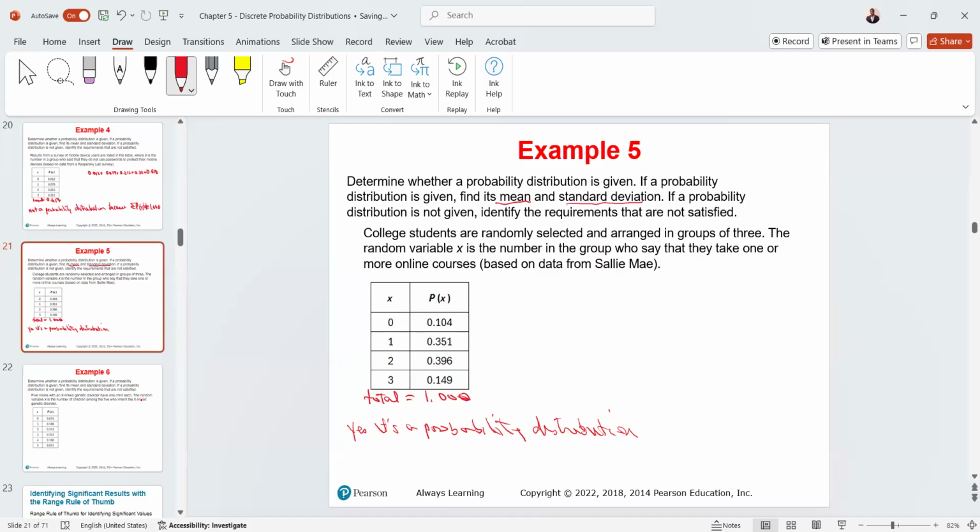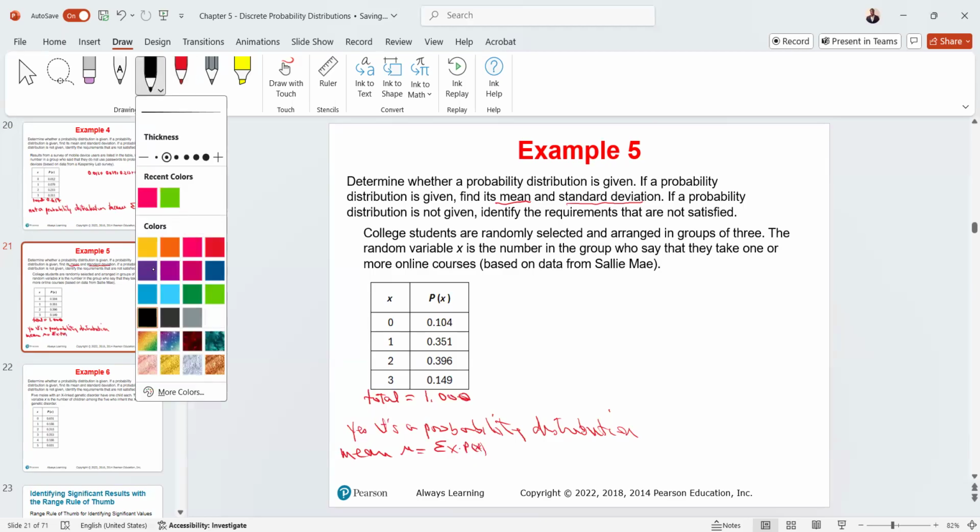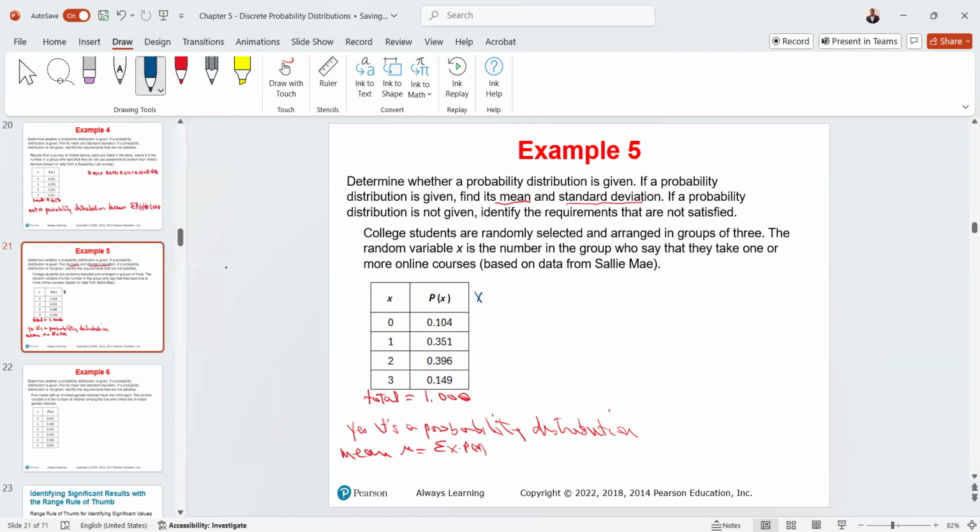Remember, the mean mu is the sum of x times P(x). So that means for every x you multiply by P(x).